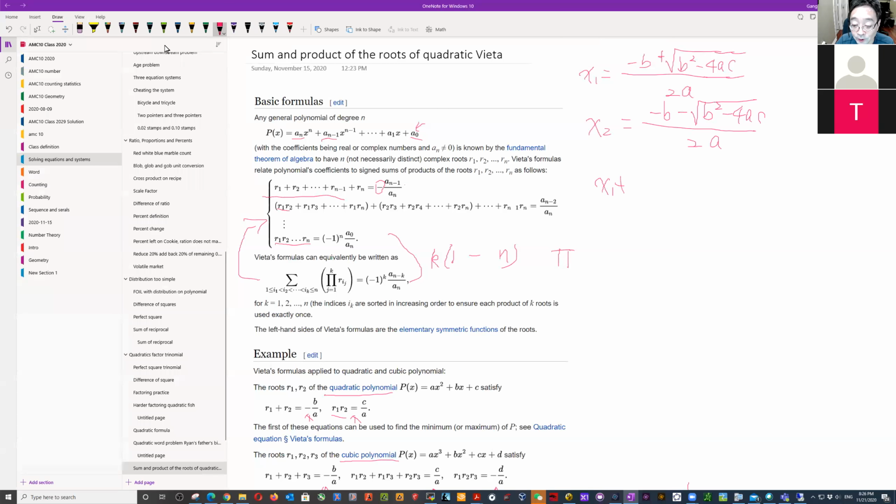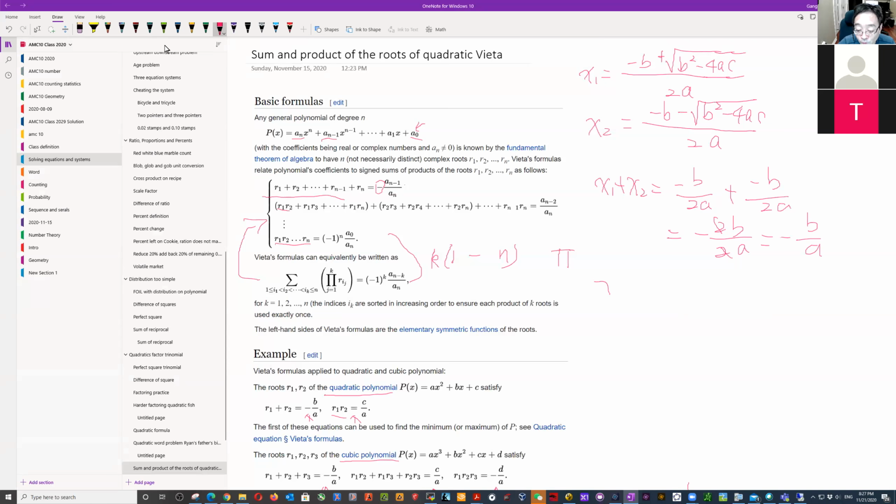So x1 plus x2 equals negative b over 2a plus negative b over 2a, which is negative 2b over 2a, and that cancels to negative b over a. So you are able to use this to prove it.